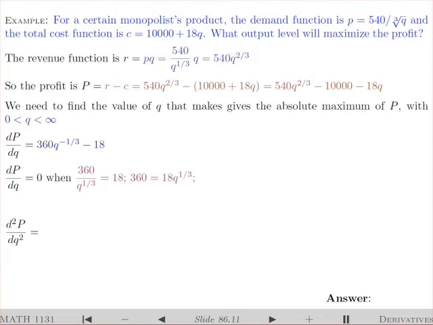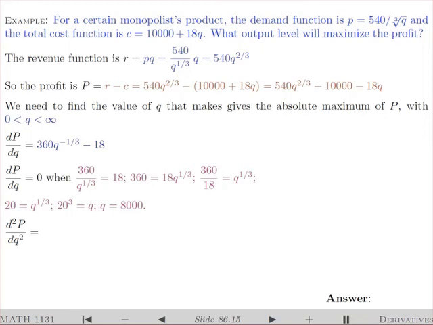Divide by 18. So 360 divided by 18 equals Q to the power 1/3. 360 over 18 is 20. So we get 20 equals Q to the power 1/3. Now cube both sides. That gives me 20 cubed equals Q, or Q is 8,000.